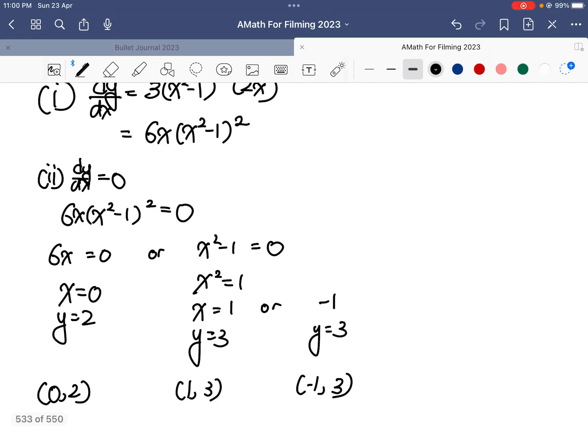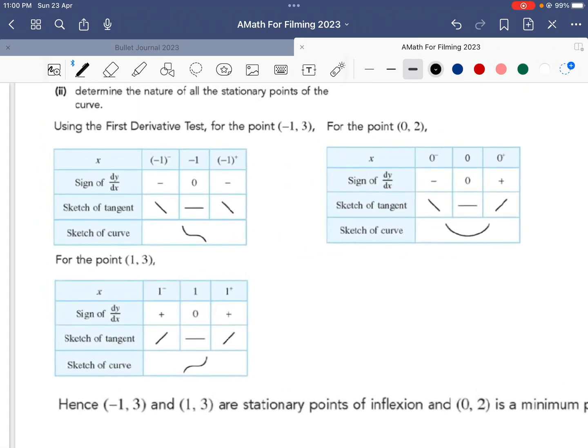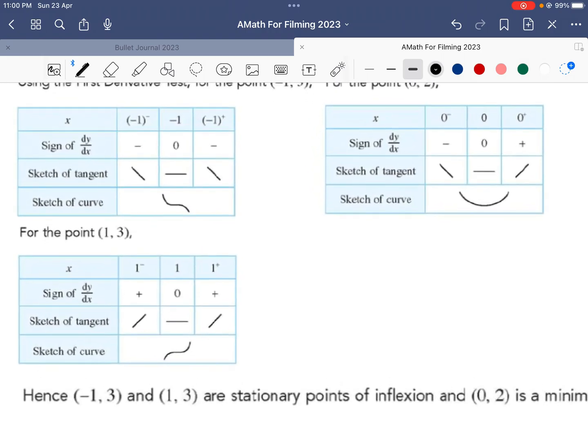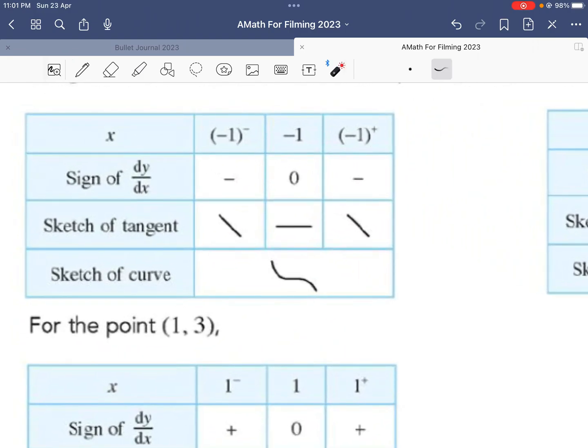Now, what I'm going to do here is use the first derivative test on all 3. Remember that we have −1, 0, and 1. Once again, I focus on −1. When x is −1, something slightly to the left would likely be −1.1, and something slightly to the right will be −0.9.